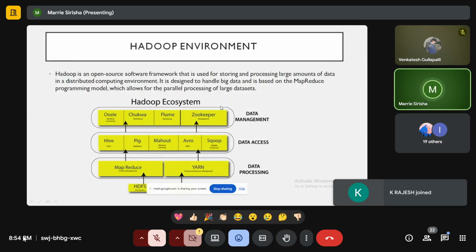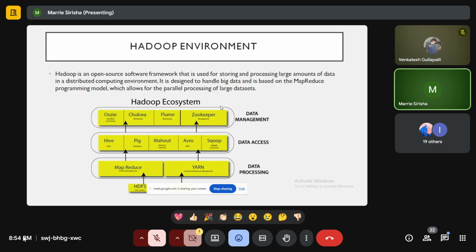They may ask you in your exams, like what is the job of Zookeeper, what is Hive used for, how MapReduce is used, and what is the role of YARN in the Hadoop ecosystem. So I am explaining each term.